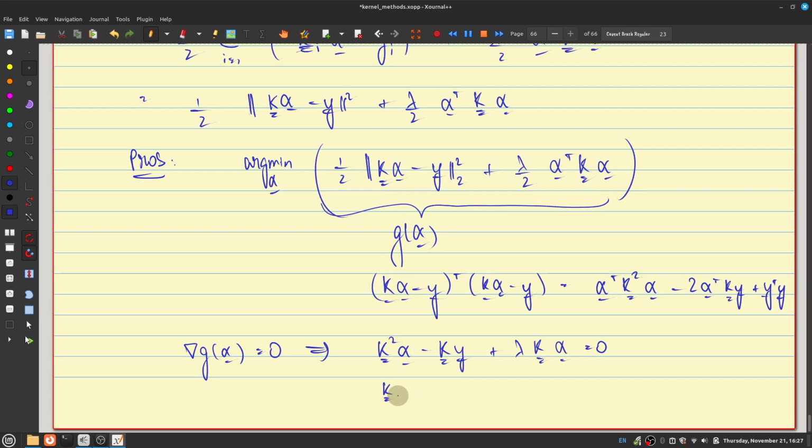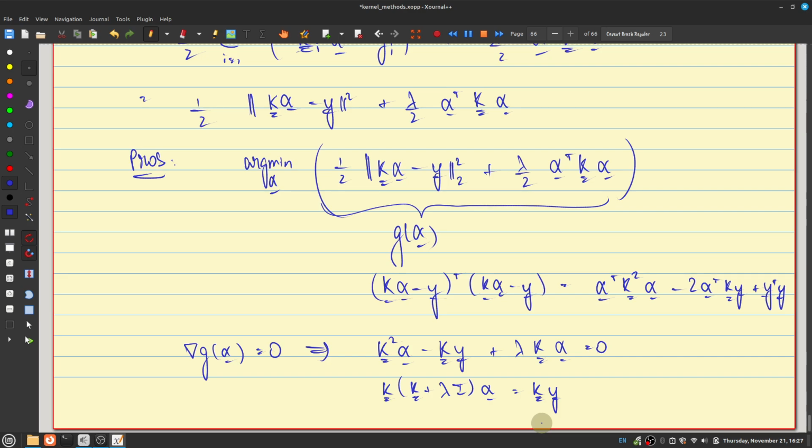So K times K plus lambda I times alpha should be equal to K times Y. If K and K plus lambda I are invertible, then I can just take the inverse on both sides and directly find the solution.